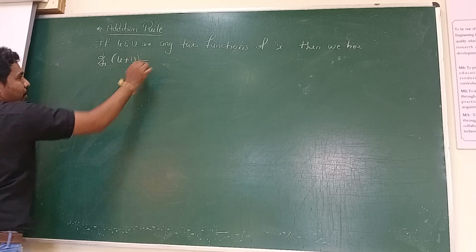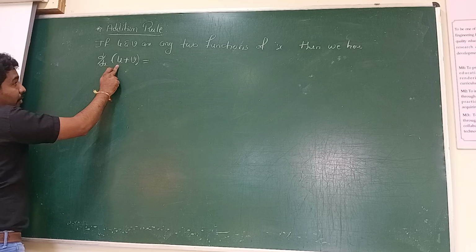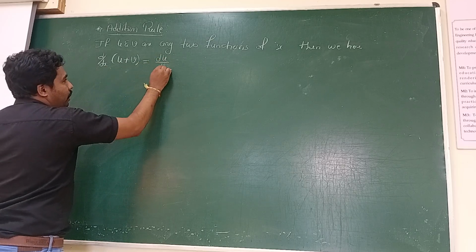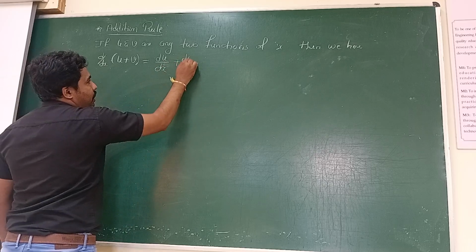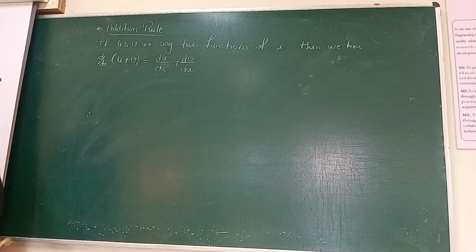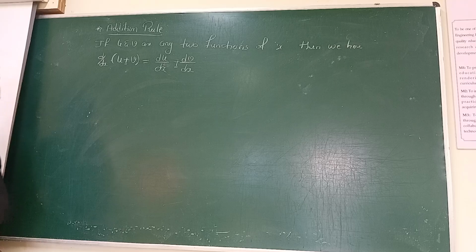What is differentiation of u plus v? This differential operator is applicable for both the terms, that is du by dx plus dv by dx. Okay. Similarly, if we have a minus here, it holds good for minus also.